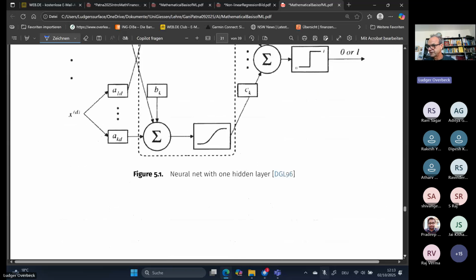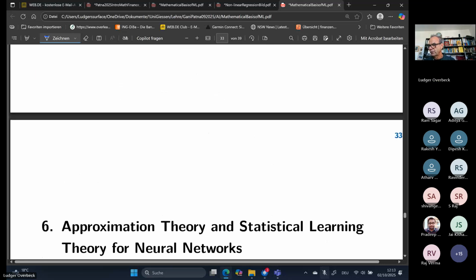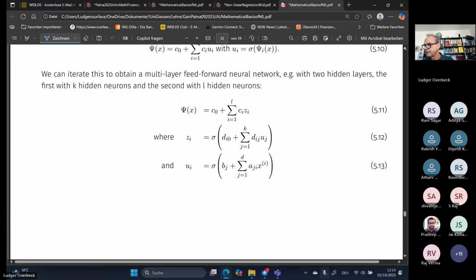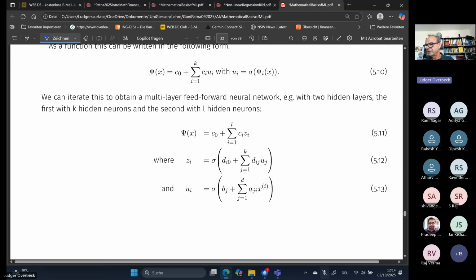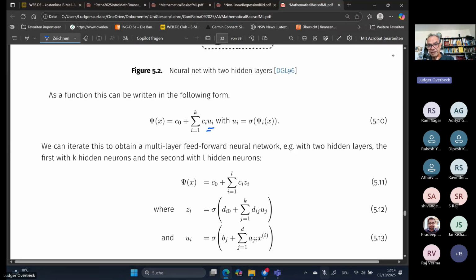neural net, you know these pictures here. You just have many. So you iterate, you put in here the output of the layer before, and you put in the outputs there. So you put in the neural net some sigmoid, take a linear function, an affine function, sorry.